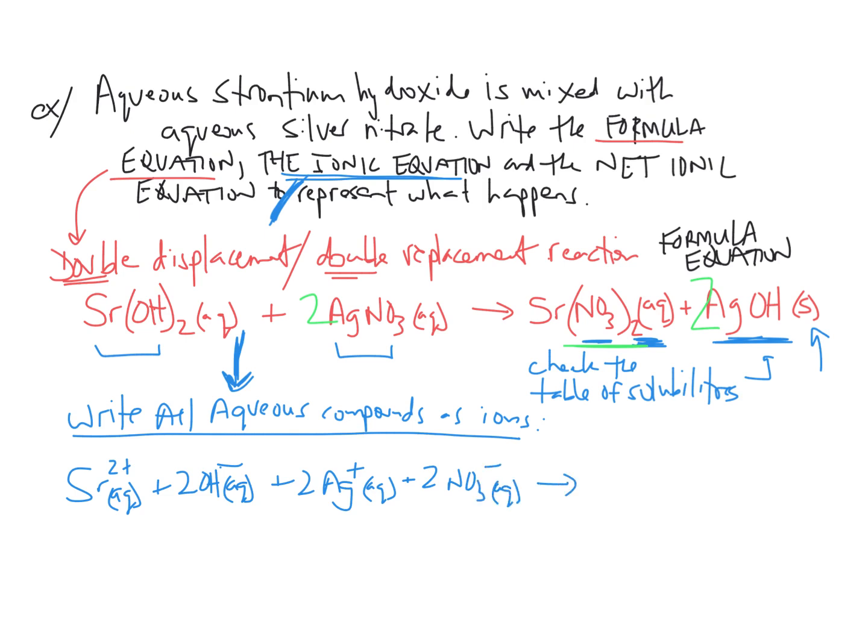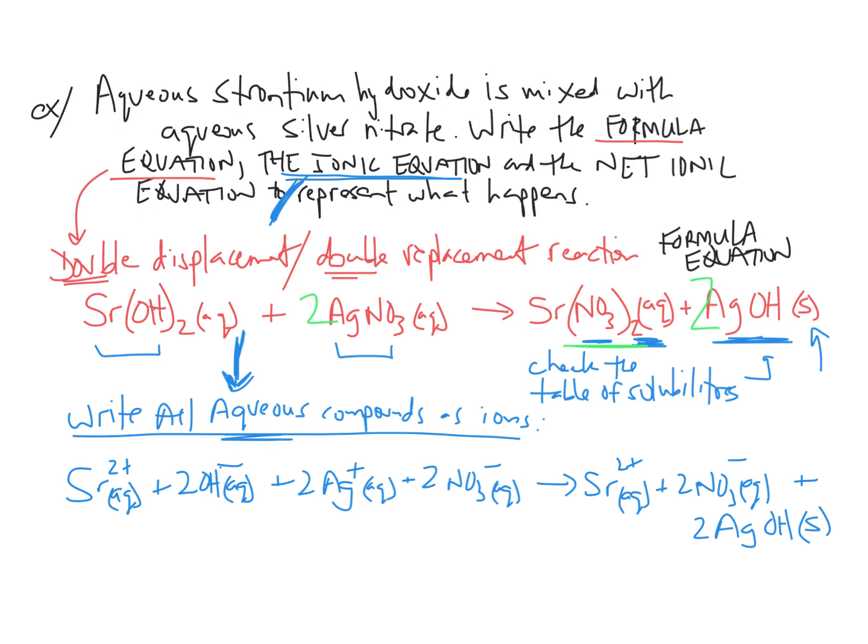On that side. And then over here we have the strontium 2+ ion. We have 2 nitrate ions again that are aqueous. And then we have the silver hydroxide solid, which we do not write out in ionic form because it's a solid rather than being aqueous.